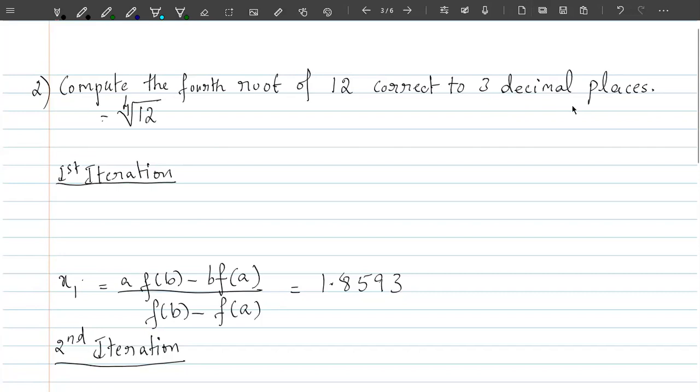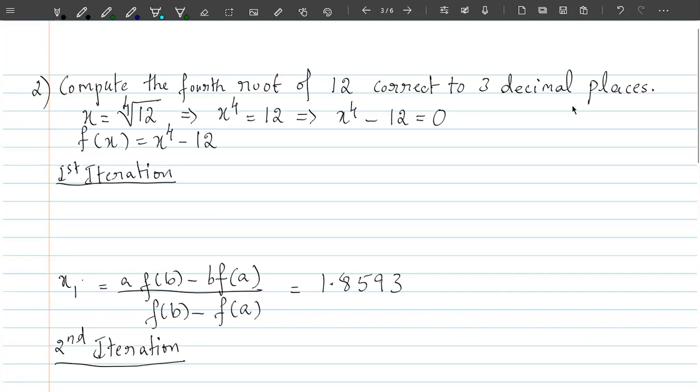Let's take this value as x. That implies x power 4 is equal to 12, and that implies x power 4 minus 12 is equal to 0. From this, I can get the function which I need, f of x, which is equal to x power 4 minus 12.